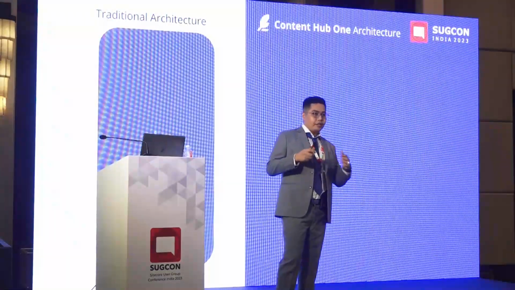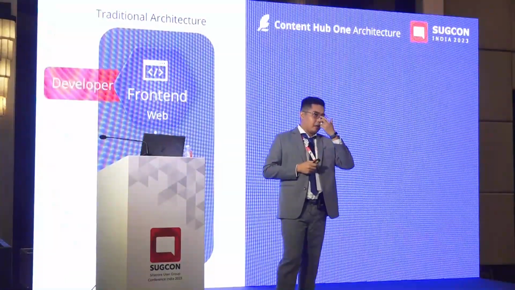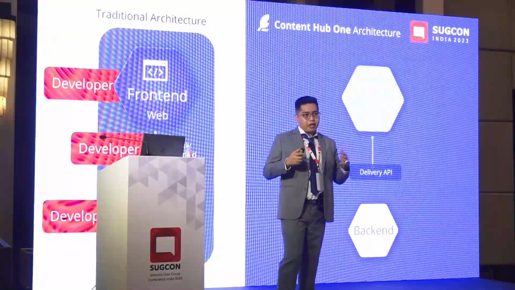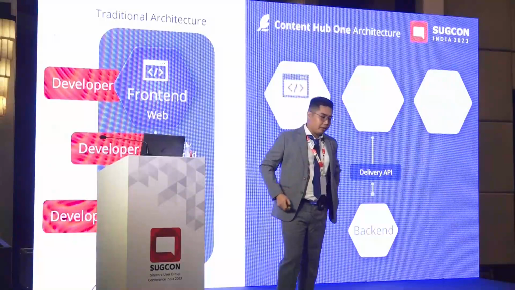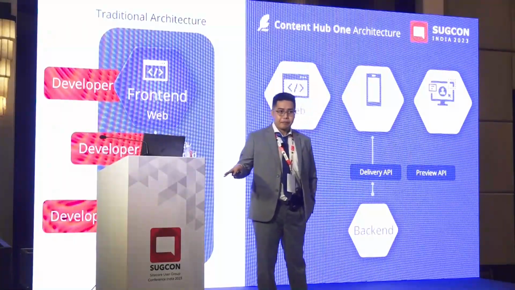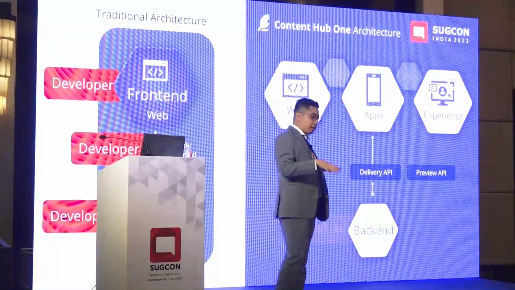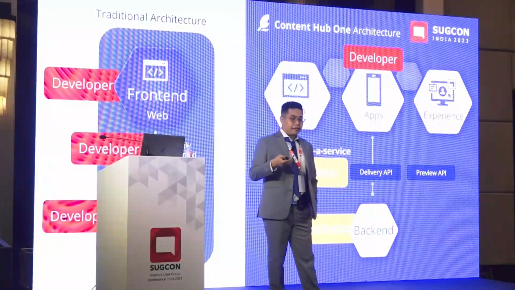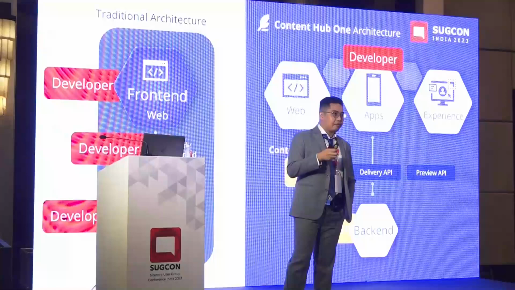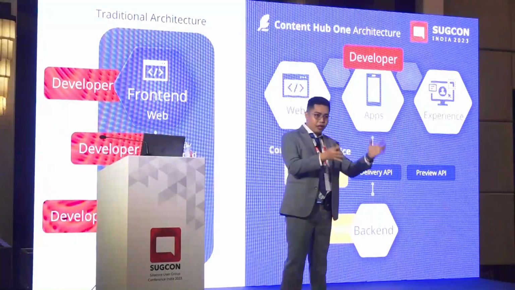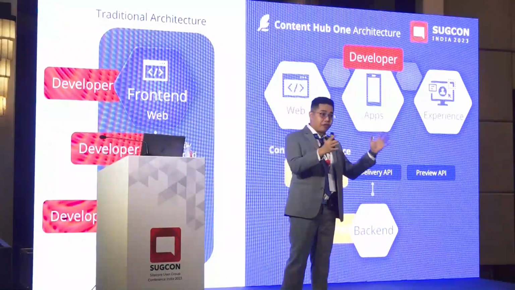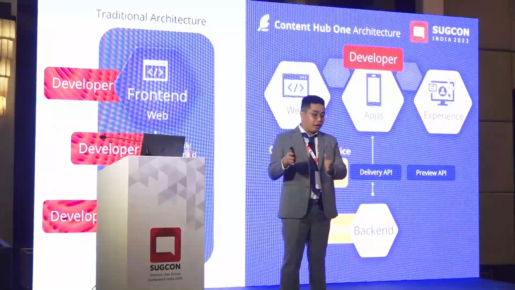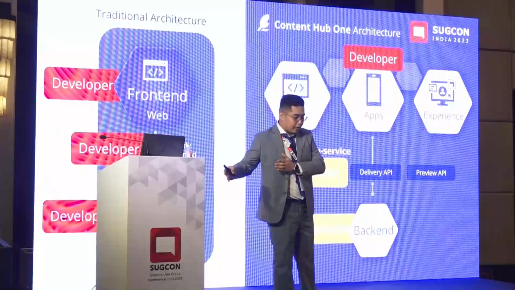The difference between Content Hub 1 and the traditional architecture is that most probably all of you are developers right now and know how to do coding. You do coding in the back end, in your integrations, and in the front end. Typically, you would have to wait longer for the developers, the back end or the architect, to finish whatever requirements you have before you move along to do marketing.